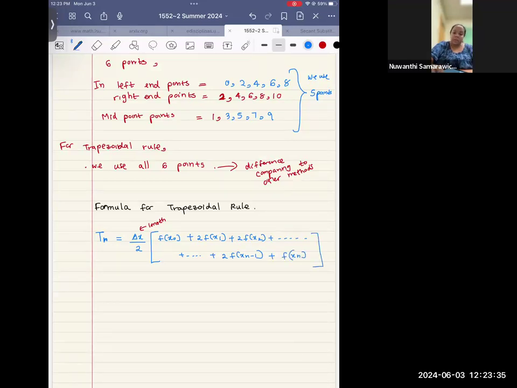So this is the formula for the trapezoid rule.